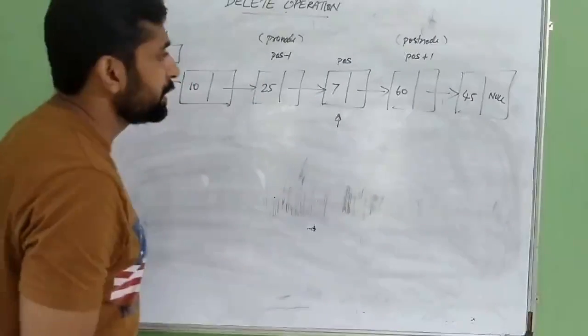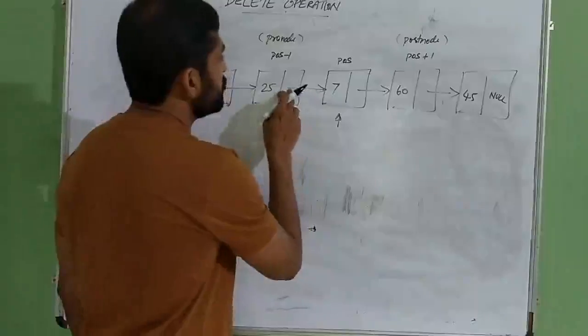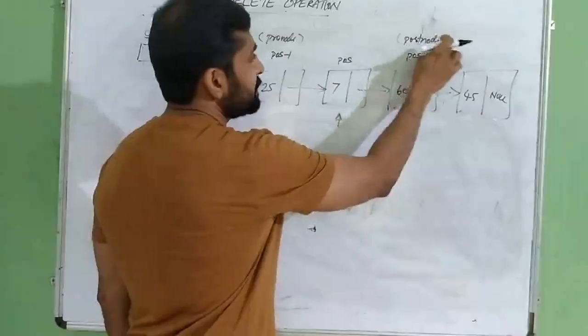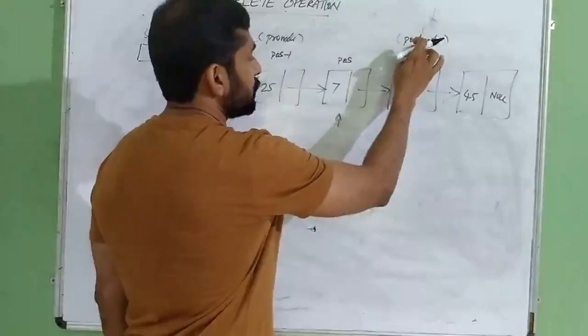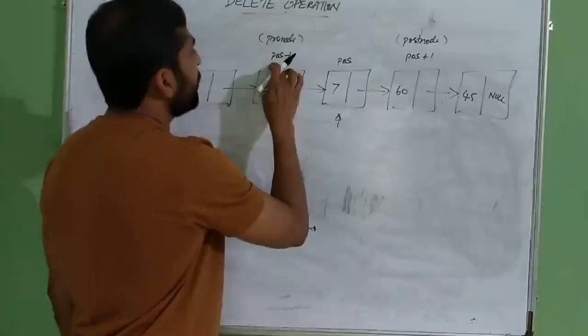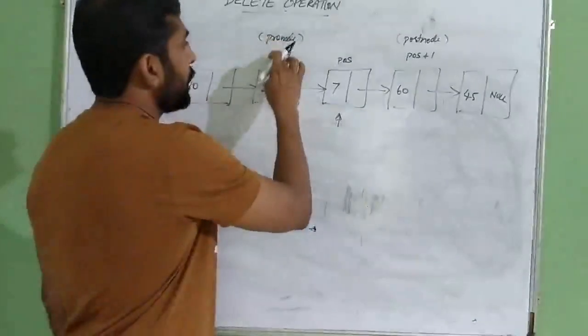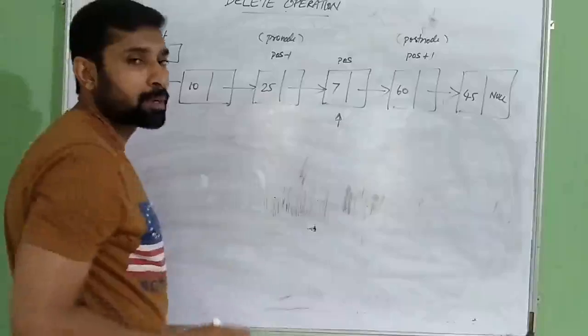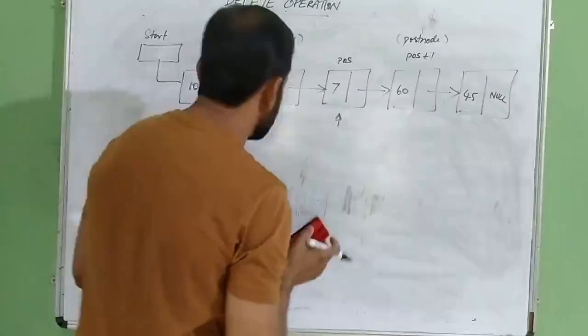So what are the steps to be done? We have to store the address stored in post node into the link part of the node at POS minus 1. So what are the steps?